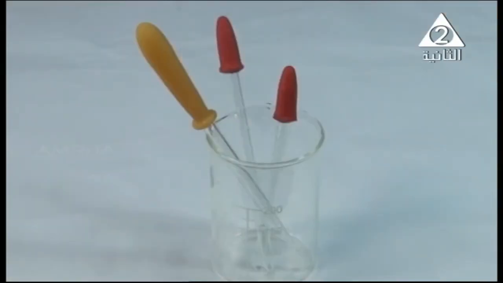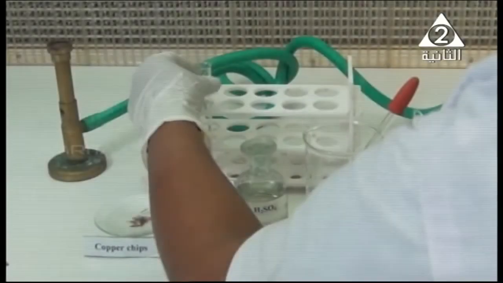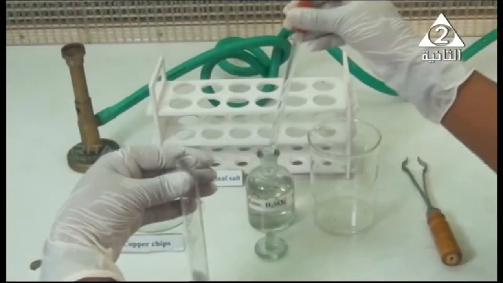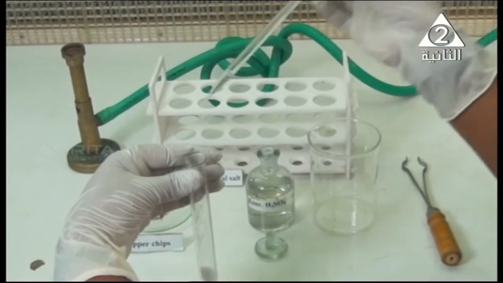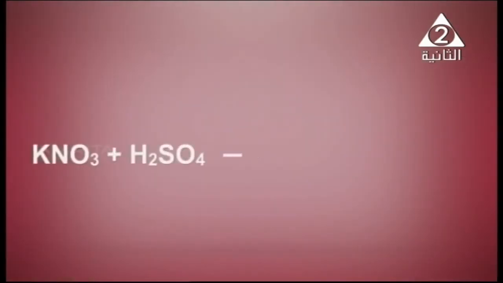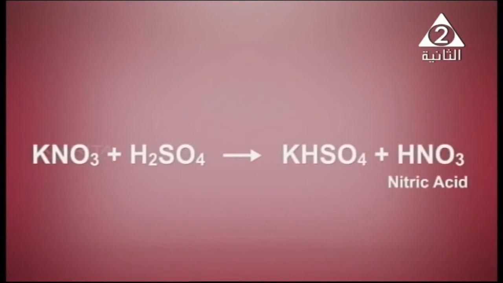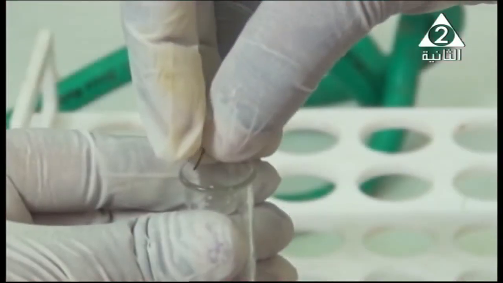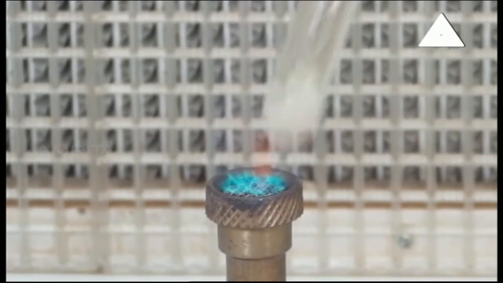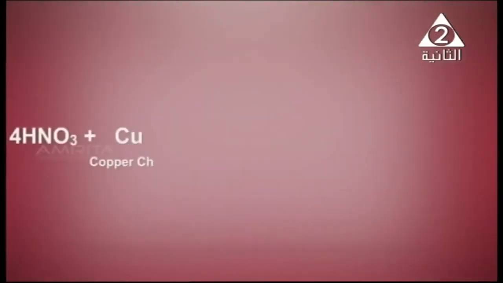Procedure: get the salt, and I start to add drops of concentrated sulfuric acid slowly to give me HNO3, nitric acid. How can I know? When I add the copper and start to heat, you see a reddish brown gas is formed. It means NO2 is formed.